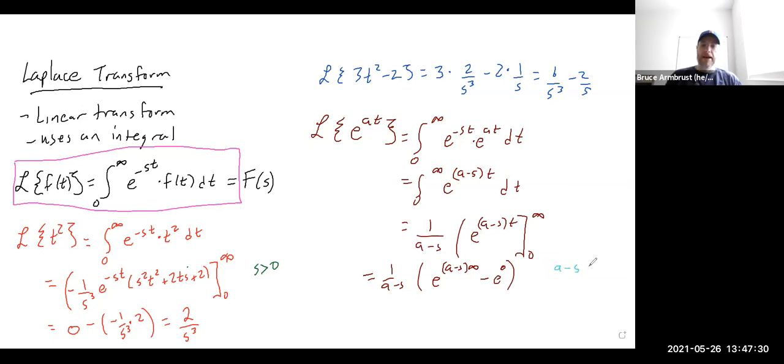But we need a minus s to be negative, because then we get a negative infinity as that exponent and it drops to 0. So this is only going to work if s is bigger than a.